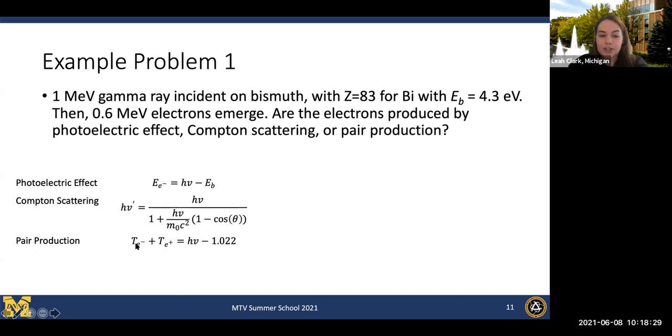And for pair production, the energy of the electron and positron being shared is equal to our incident photon energy minus, again, this 1.022 MeV. So why don't we take a couple minutes to work this problem out? Some of you might have already got it done, but we'll take 2-3 minutes to go through the calculations, and then I'll go through them with you together.